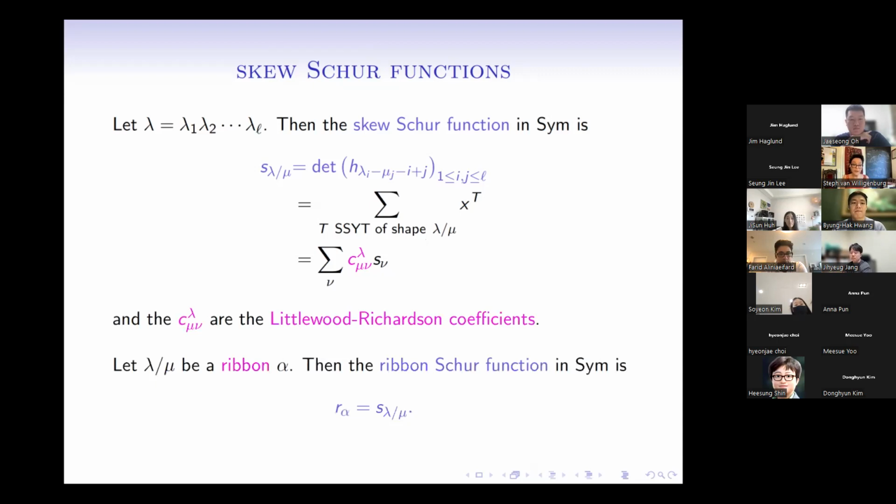And just one bit of notation: if our skew diagram happens to be a ribbon, then quite often instead of calling it a Schur function, we'll call it a ribbon Schur function, and we'll denote it by R alpha, where alpha is just the row lengths.